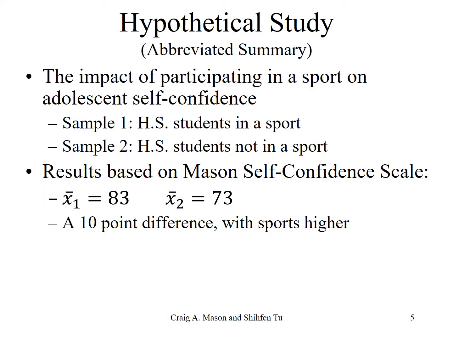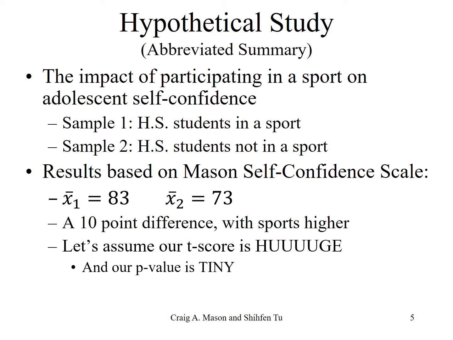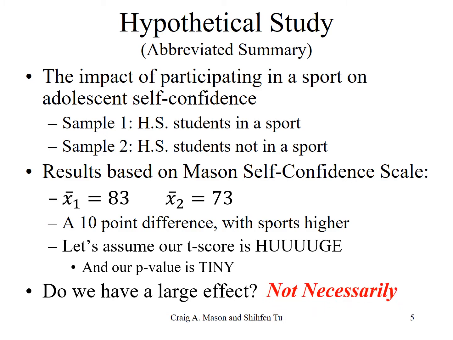Let's also say that we obtained a huge t-score, making our p-value tiny, and we easily rejected the null hypothesis. Does that mean that the effect of playing a sport is huge? Well, actually, no, it doesn't.